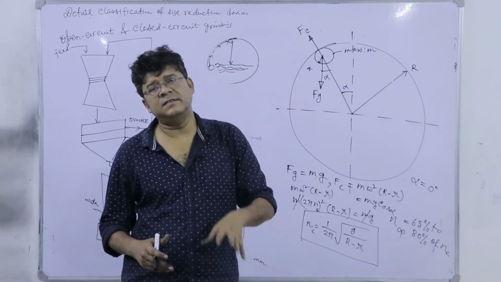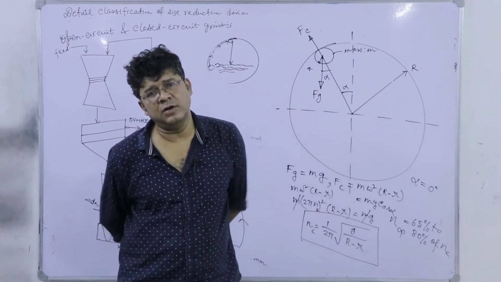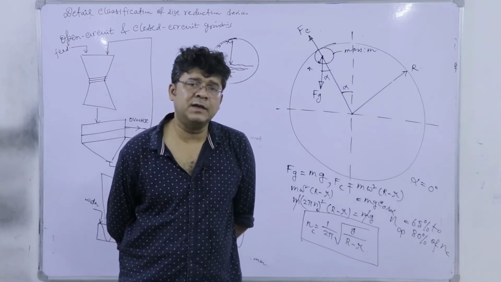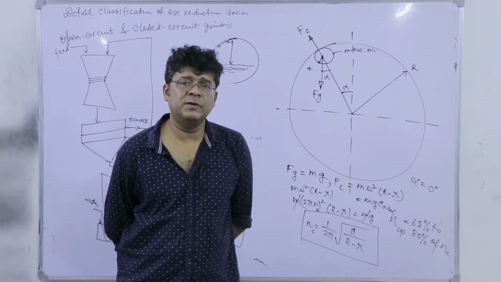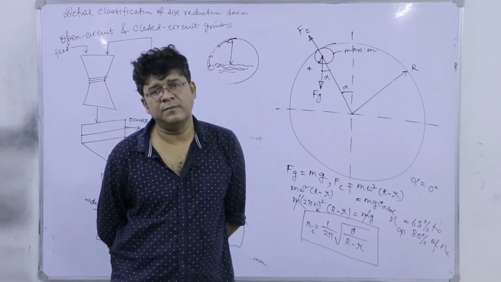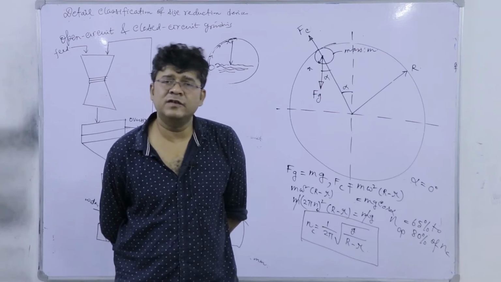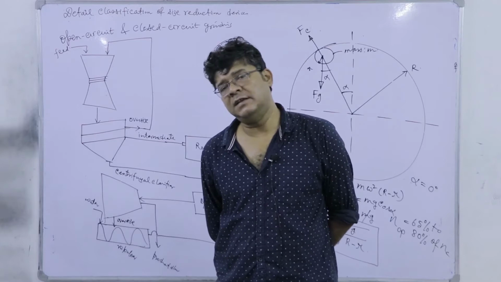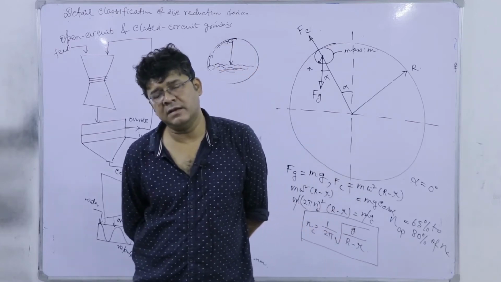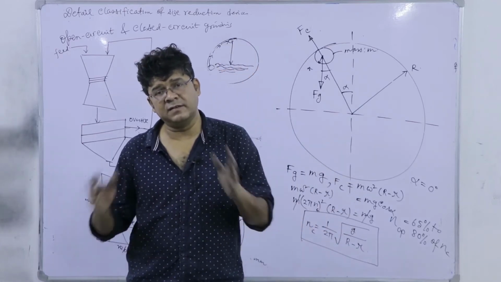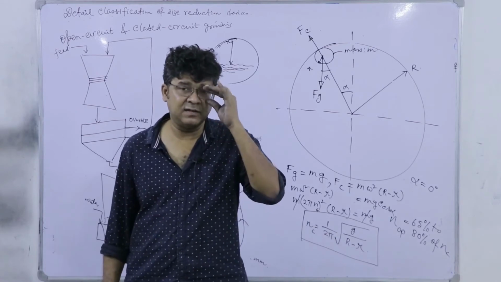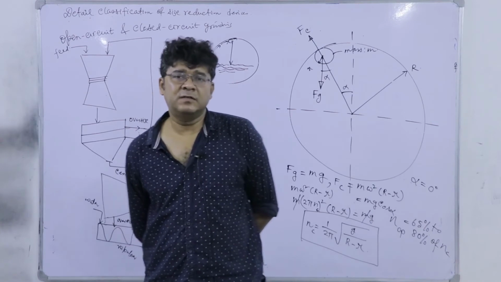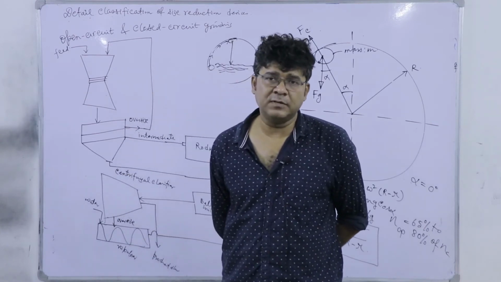Out of all these devices, we have specifically studied the roll crusher because there is some mathematical perspective associated to the angle of nip and the coefficient of friction between the roll and the material to be crushed, and the condition is mu greater than tan alpha, where alpha is half of the angle of nip. Finally, the idea of critical speed in case of tumbling mill, which is the speed limit of the tumbling mill, and we should operate the mill at 65 to 80% of the critical speed.